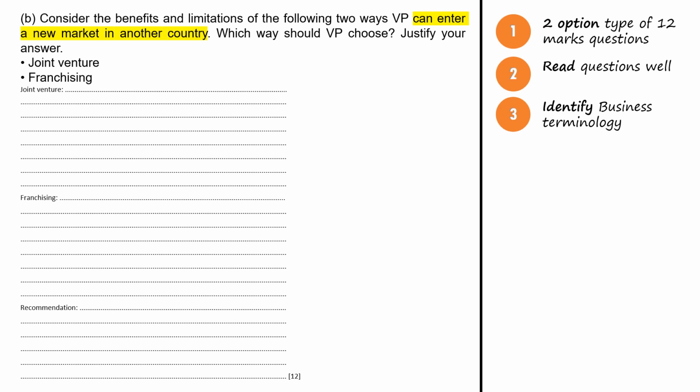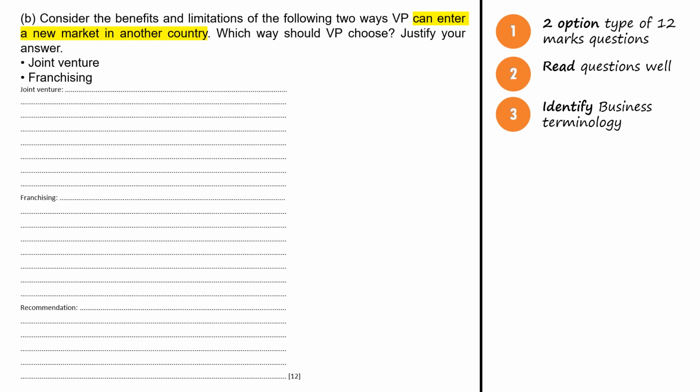Well, this is a two options question. It means here we have either joint venture or franchising. What do we have to do? We have to provide benefits and then disadvantages. Okay? You will need to explain the benefit for joint venture and limitation for joint venture.